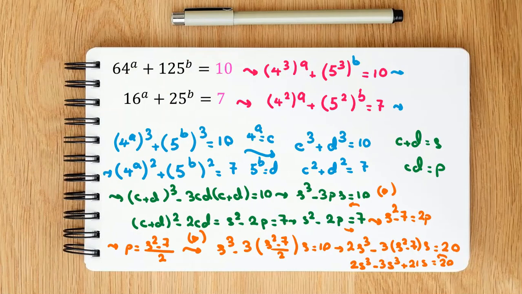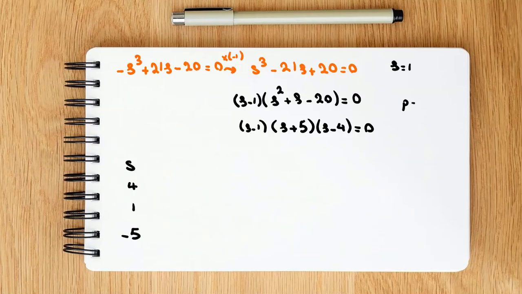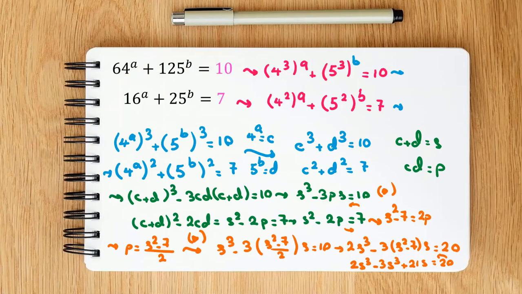And p is (s squared minus 7) over 2. For s equals 4, p is 16 minus 7, 9 over 2. For the next one, s equals 1, it is 1 minus 7, negative 6 over 2, negative 3. For negative 5, it is 25 minus 7, 18 over 2, 9. Yes, and S and P are what?